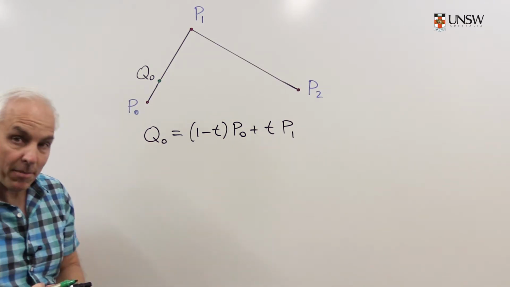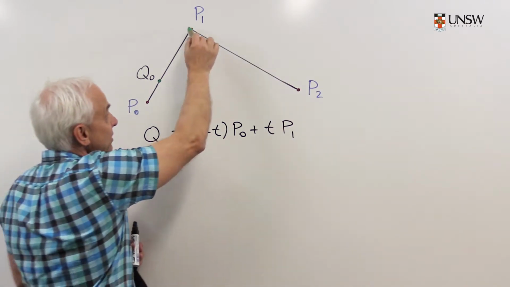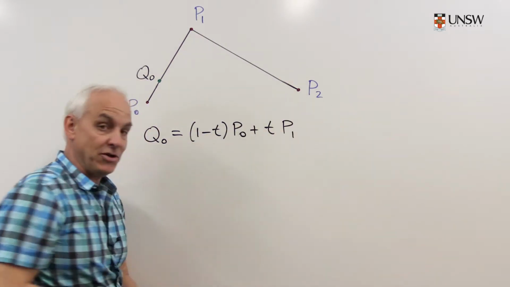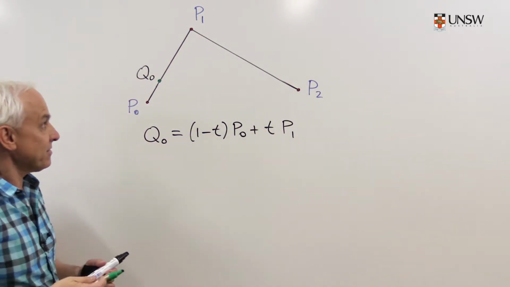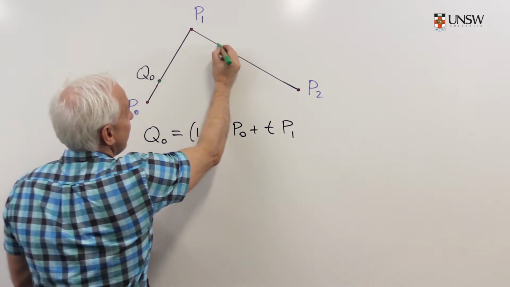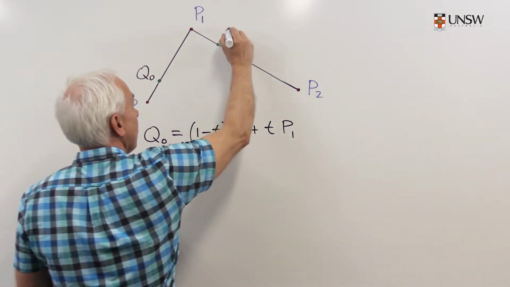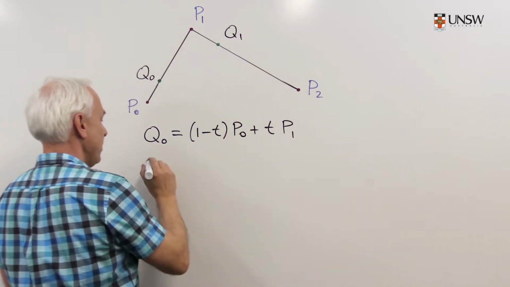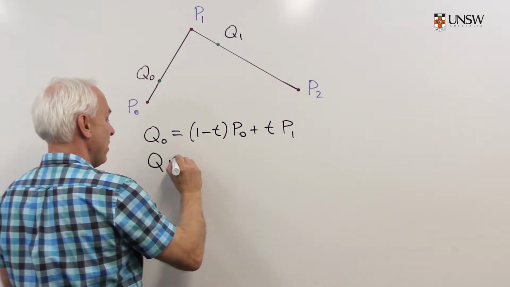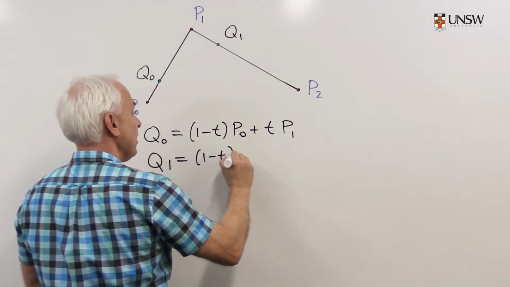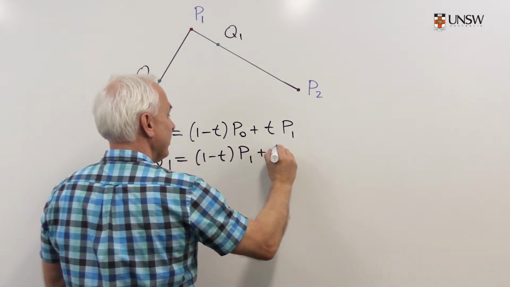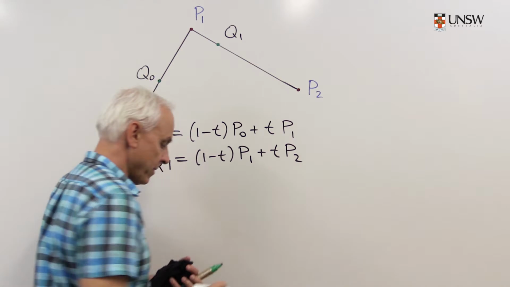Now at the same time, we're going to have another point moving from P1 to P2 by the same kind of procedure, and we'll put it here, and we're going to call that Q1. So Q1 is (1 minus t) P1 plus t P2.